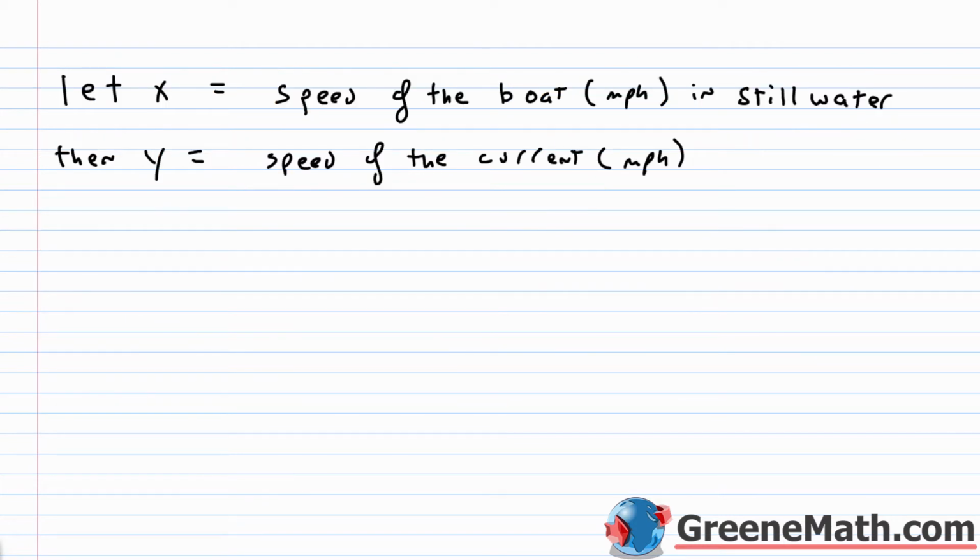This is a motion word problem. So for a motion word problem, we think about the distance formula, right? Distance is equal to the rate of speed times the amount of time traveled. And a lot of times when we have a motion word problem, it's usually easiest to just use a little table. So you have two scenarios. The first one would be downstream.